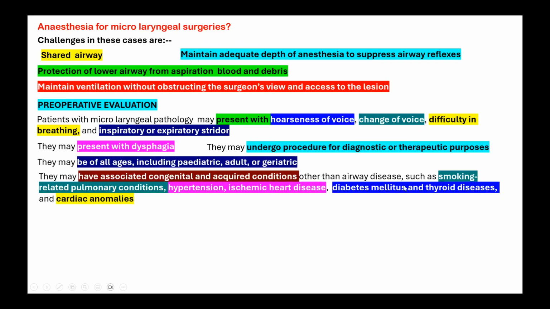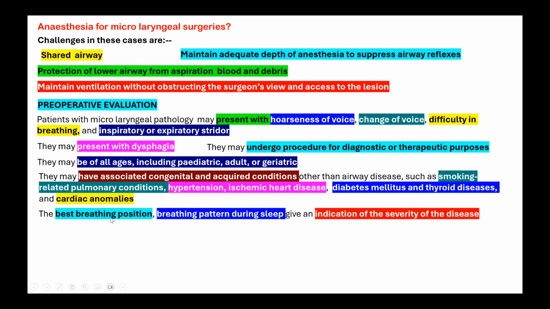Especially if they are adults, they may have smoking-related complications. They may have hypertension, ischemic heart disease in elderly patients, and diabetes mellitus and thyroid diseases may also be present. And sometimes congenital cardiac anomalies in the pediatric age group are also quite common.